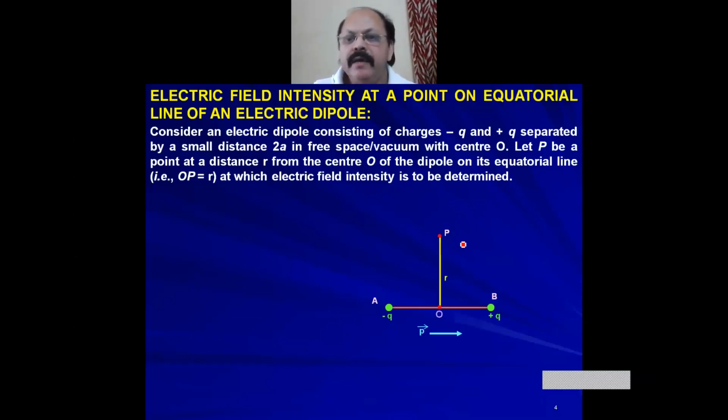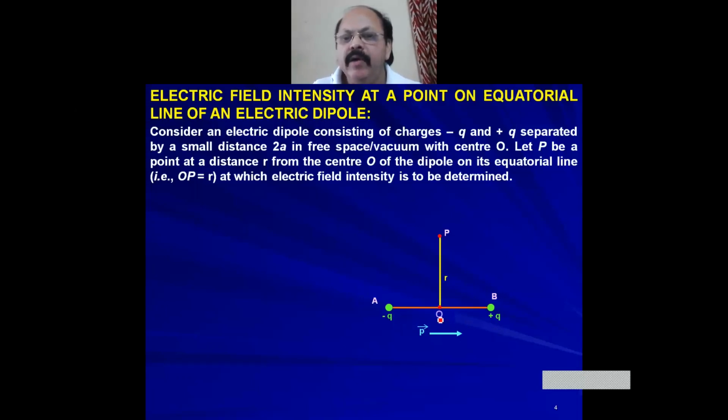This OP line, you see, is called the equatorial line of an electric dipole, which is perpendicular to the axis of the dipole and passes through its center. Now for finding the electric field intensity, we consider an electric dipole which consists of minus q and plus q charges separated by a small distance 2a.